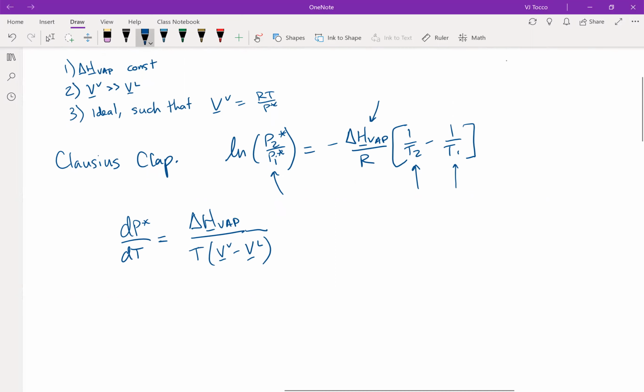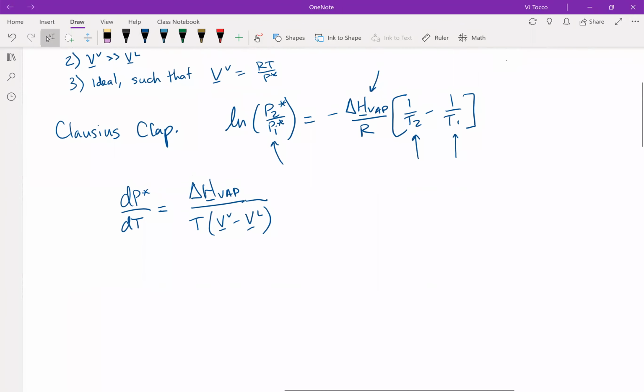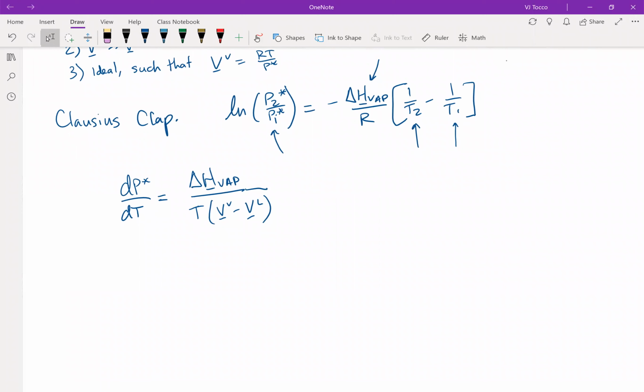And in the general case, I don't want to specify which equation of state I'm using because that could be different each time. So instead what I'm going to do is substitute in for the compressibility factor. So I'm going to use the definition of Z, and Z is PV over RT. And I'm going to solve for the molar volume for both the vapor and the liquid case.